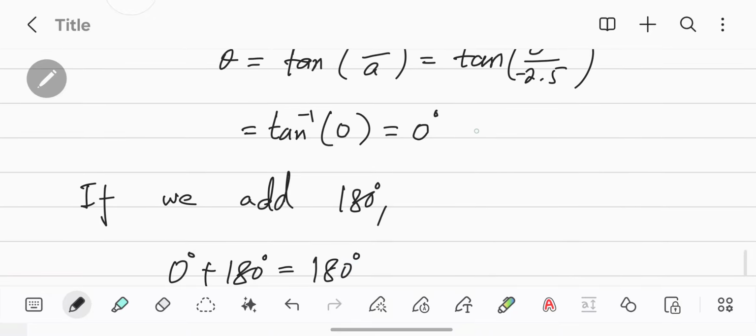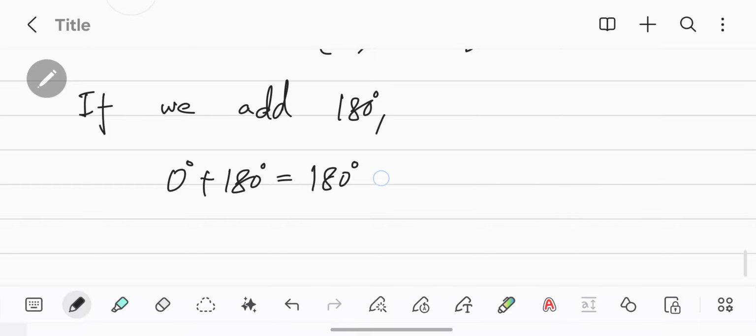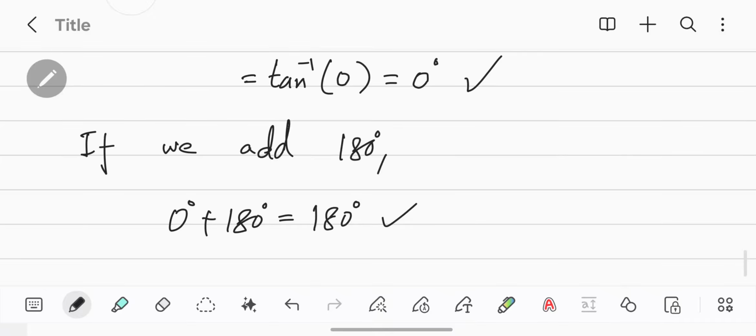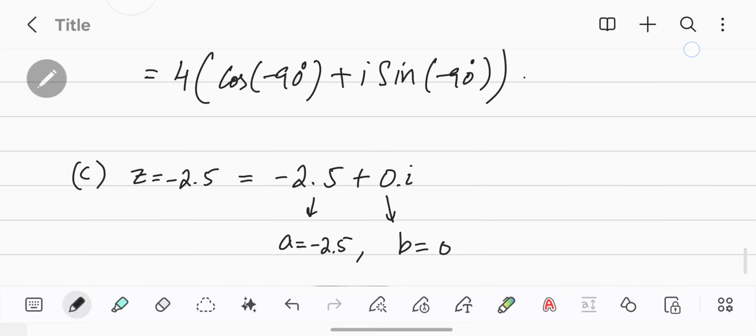Now we will check whether this angle is correct or that angle is correct. So what we will do is represent our complex number on the complex plane in order to check which angle completely determines our complex number.